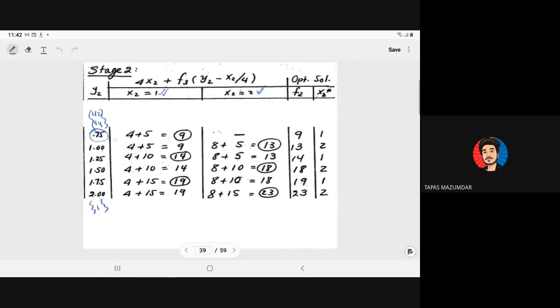Using this function, we have the values 9, 13, 14, 18, 19, 23. So you can see here, it is not necessary that we always have the optimal value from the same column. We have 1, 2, 1, 2, 1, 2: a few from column 1, a few from column 2.